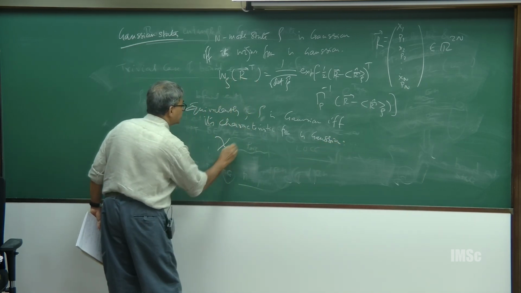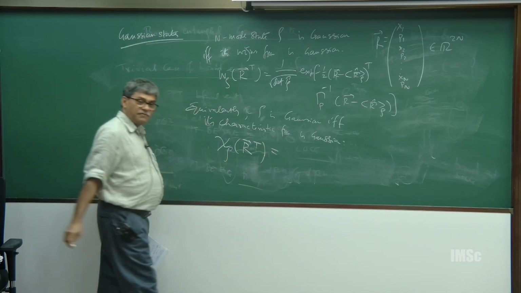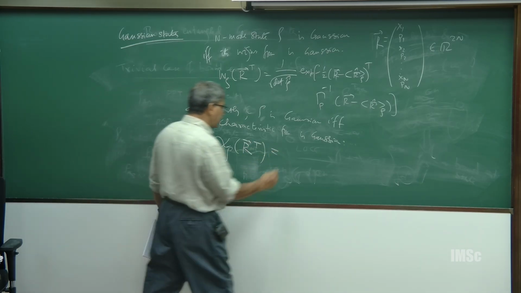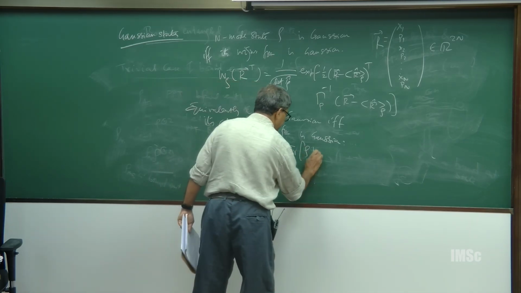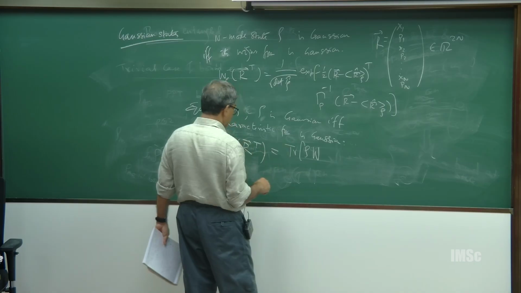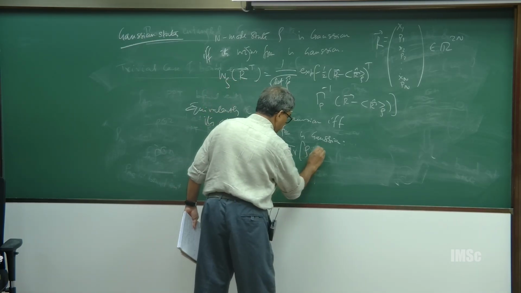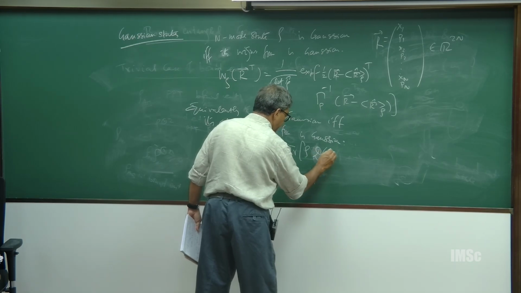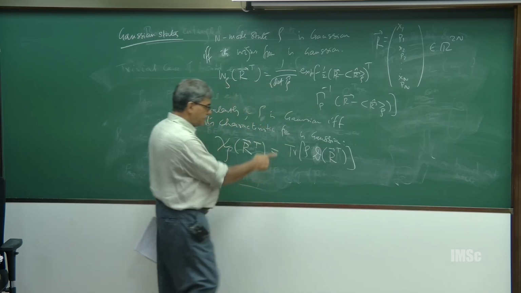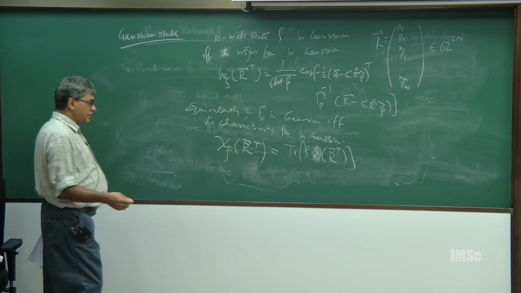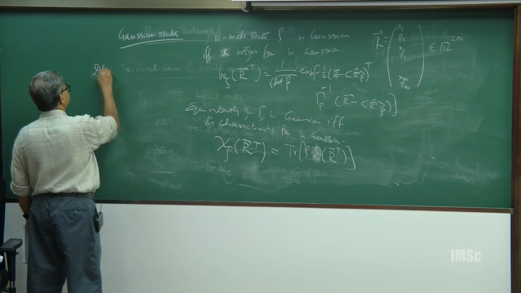The characteristic function, again as a function of R, is the average of your state with respect to the Weyl operator, D of R transpose. So, what is D of R transpose? This is basically the displacement operator.